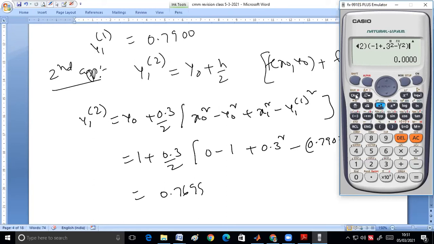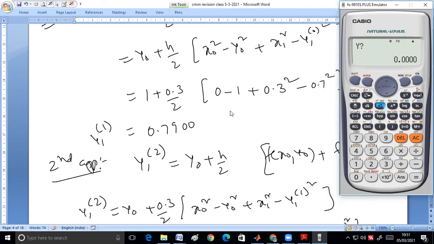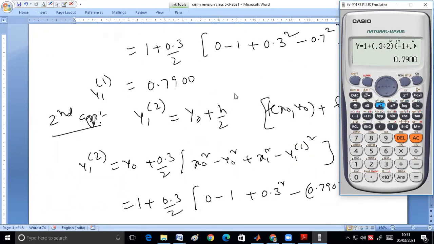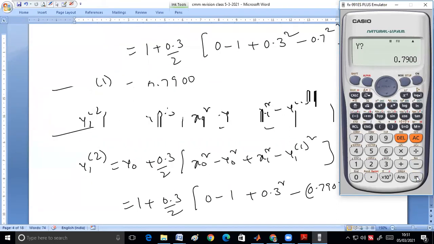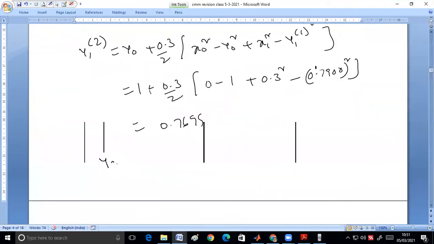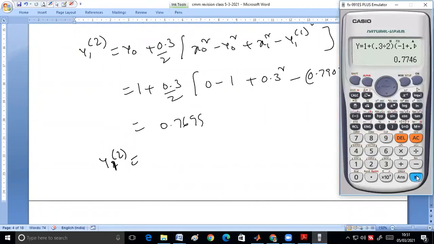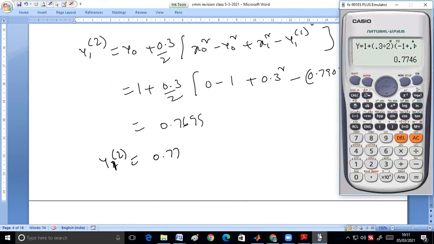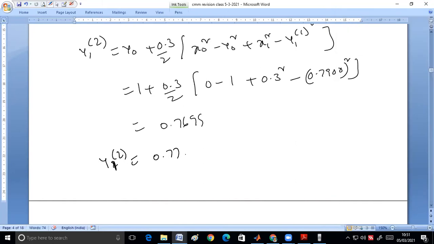Now cal c. For the first approximation, y is 0.7. Press the equals button, you will get the first approximation 0.7900, again equals to 0.7699. Now for the second approximation value, again repeat the same procedure, 0.7746.